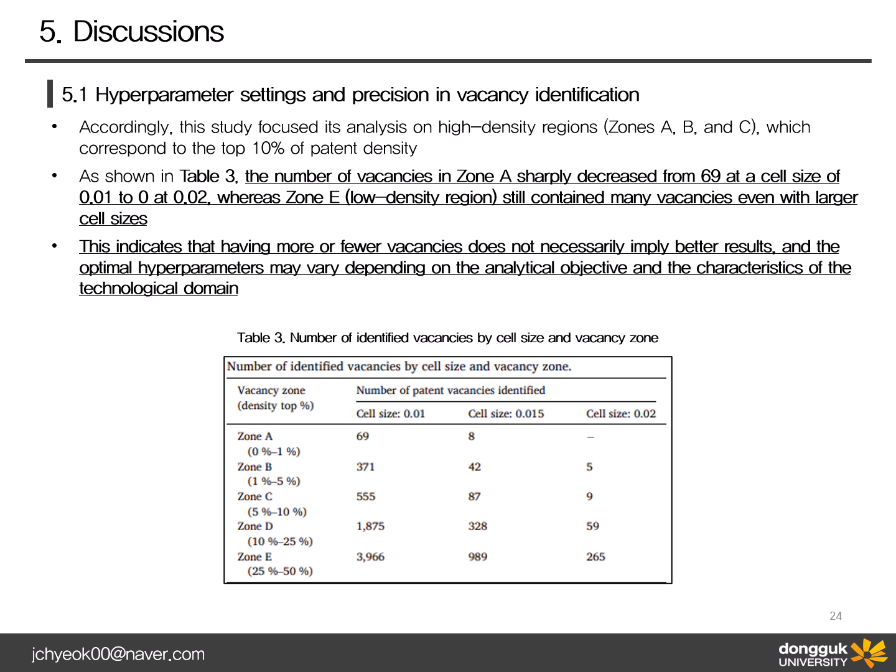As shown in Table 3, the number of vacancies in Zone A decreased from 69 at a cell size of 0.01 to 0 at 0.02, whereas the low-density region still contained numerous vacancies regardless of cell size.